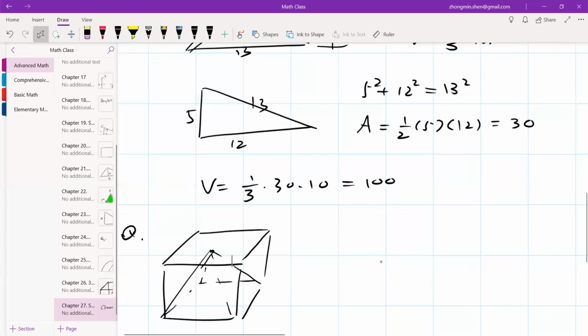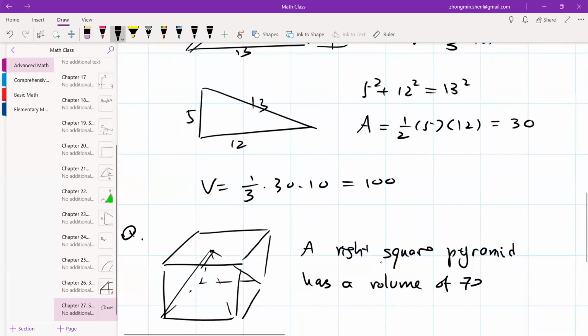So this is the right square pyramid that has a volume of 72 cubic centimeters. 72 cubic centimeters. Okay.